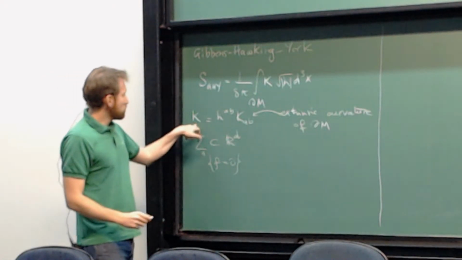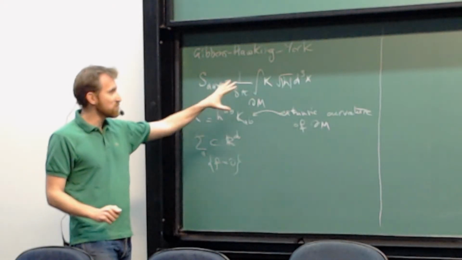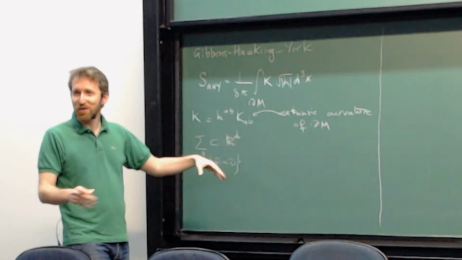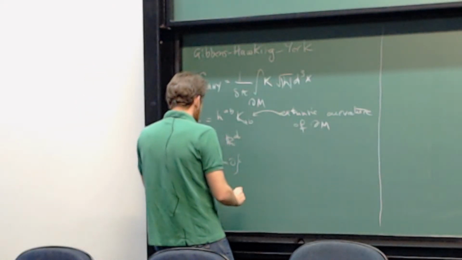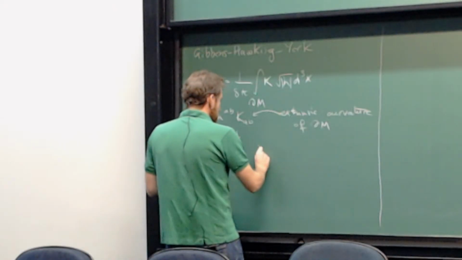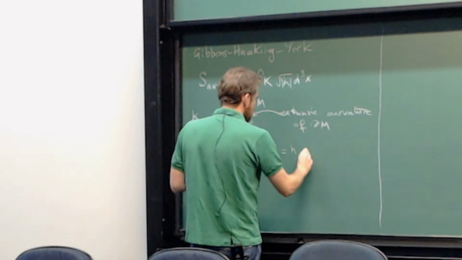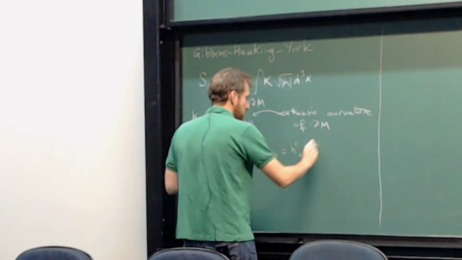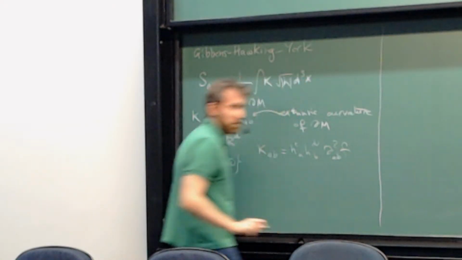Then you show from the definition of the extrinsic curvature, which I'm not giving you right now, but there is a way of computing it given any metric, that the extrinsic curvature is actually the projection of the second derivative of the function.